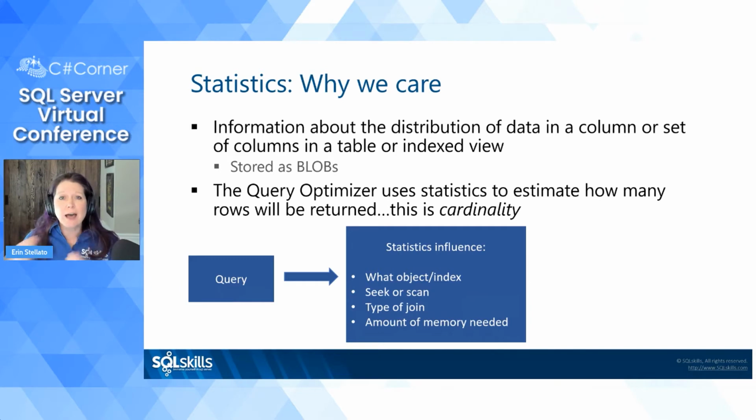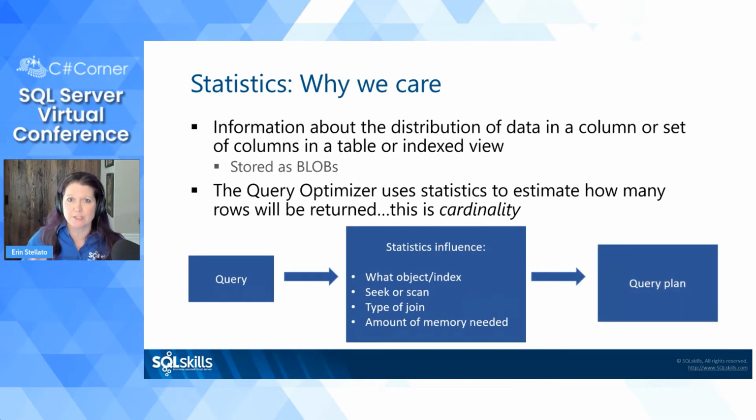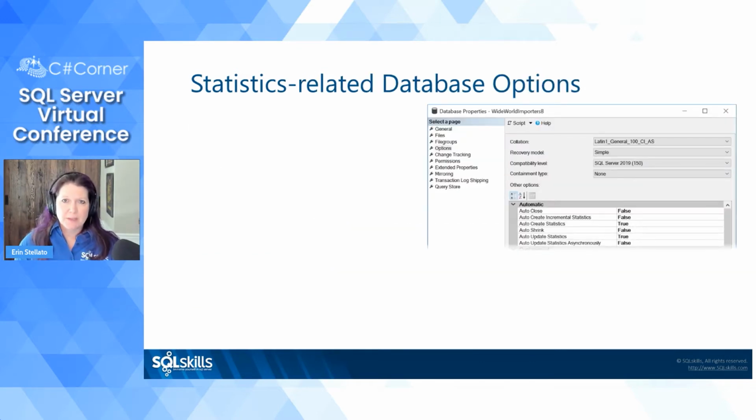So a lot of decisions are made based upon these statistics. And then from all of that information, the optimizer puts together a plan, which then gets executed. So one of the most important things is to understand that stats are going to influence the performance of your queries.